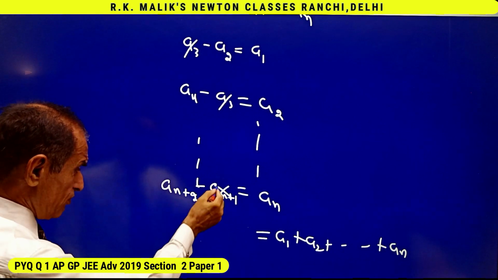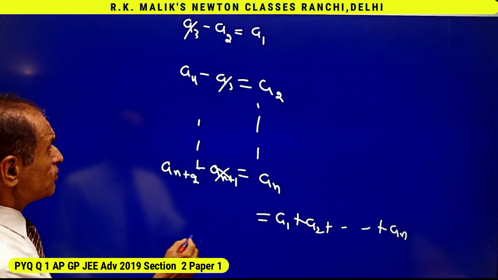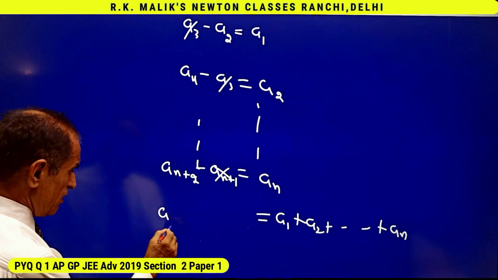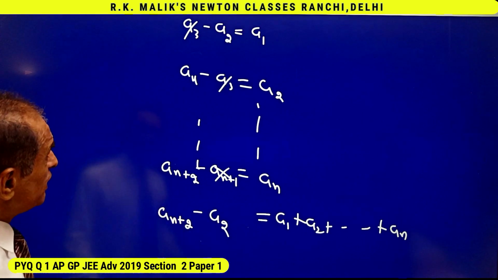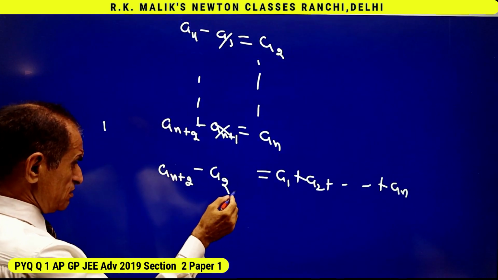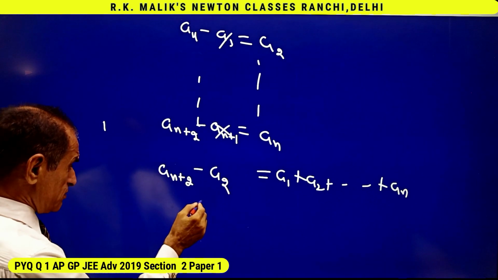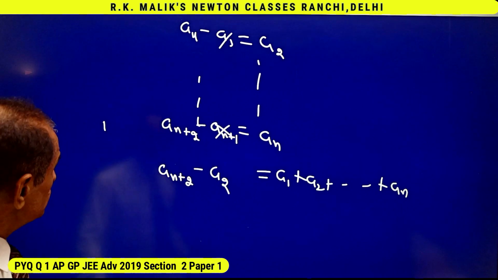Therefore, this will also get cancelled. Hence, the sum of all these terms will become a n plus 2 minus a2.